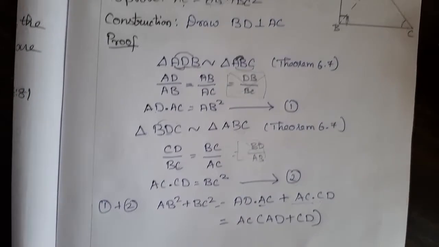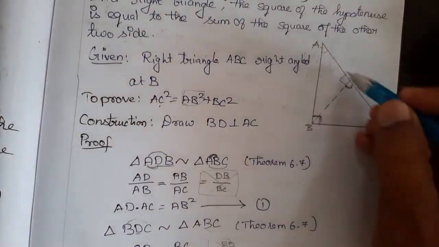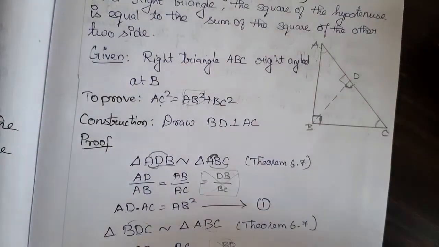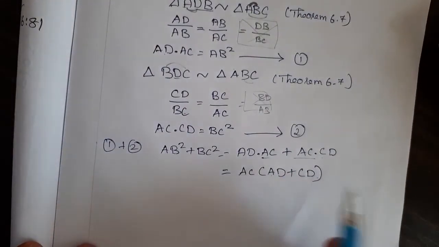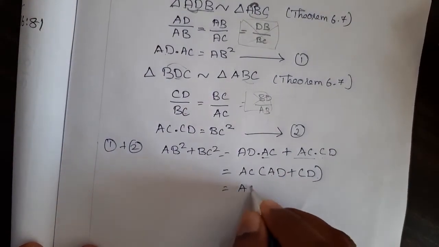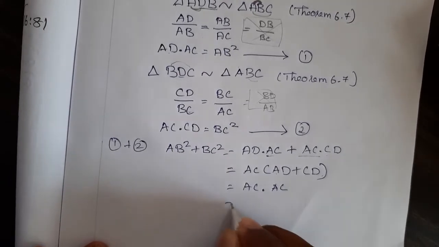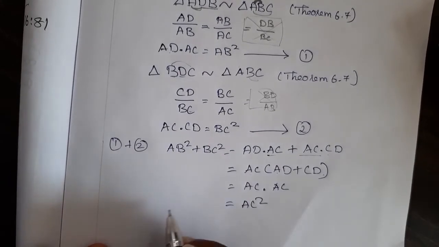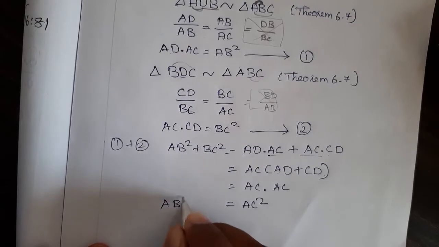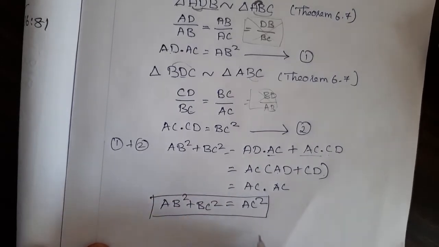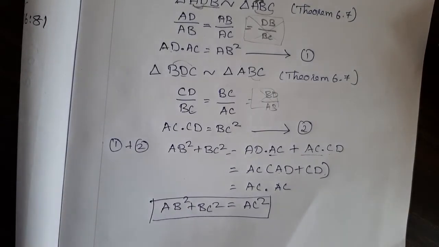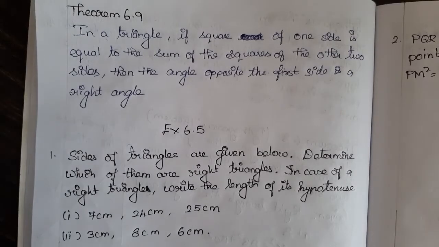From the figure you can see that AD plus DC is equal to the full length AC, right? So AC into AC we will be getting, it is AC square. So what is here? AB square plus BC square equals AC square. This is what we had to prove. Clear? And here we go for the next theorem.